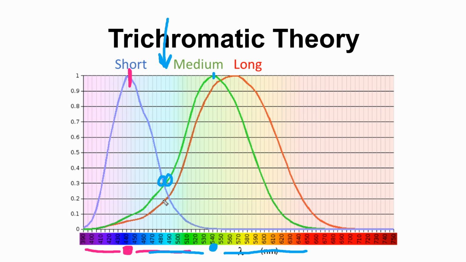And so our brain could interpret that this much firing in the blue cones and this much firing in the green cones and this little bit of firing in the red cones, that corresponds to this particular wavelength of light. So this is the color that we're seeing. So that's how these three different kinds of cones could explain how we perceive color using additive color theory.